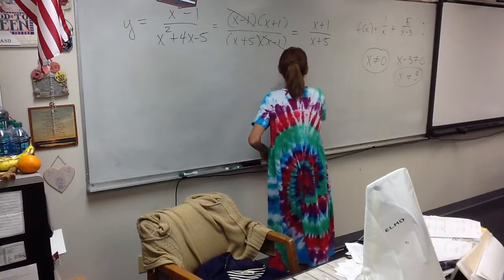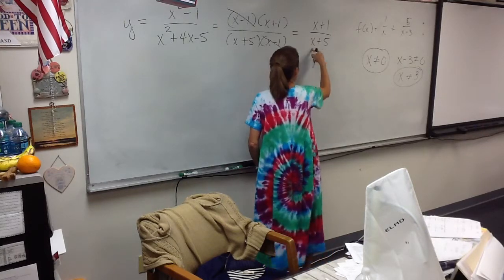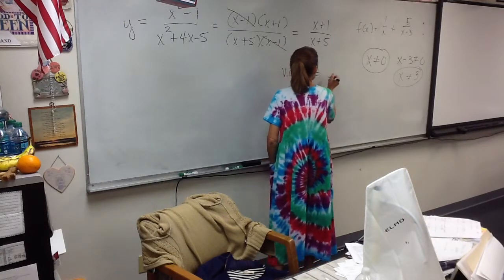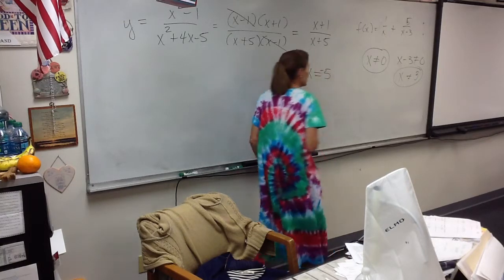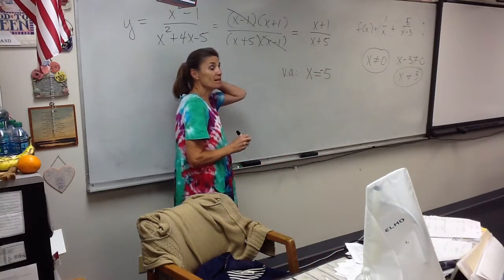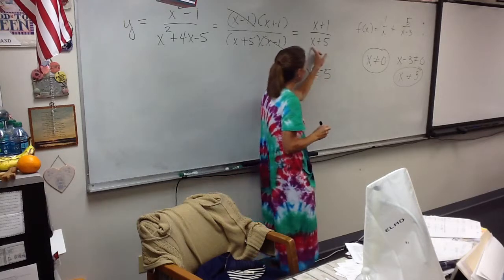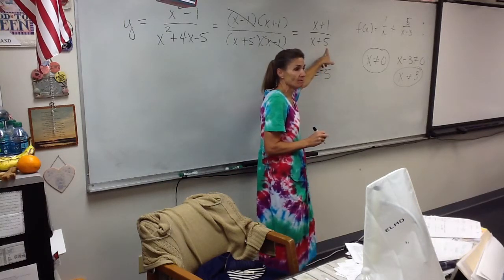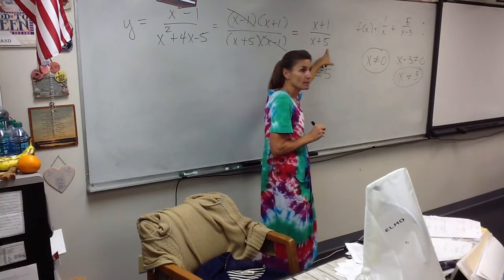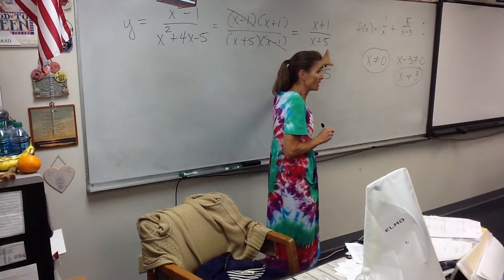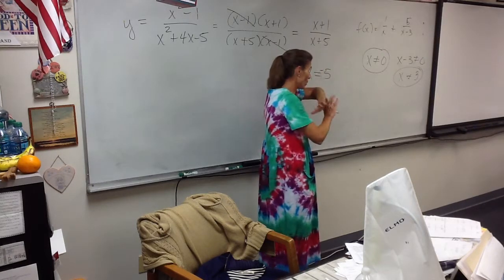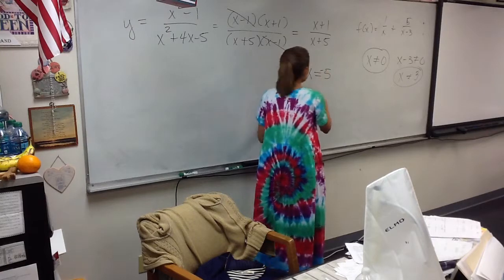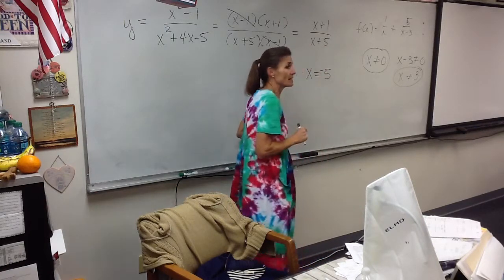I can look at this problem and tell you I'm going to have a vertical asymptote at x equals -5. Because what happens if I plug in -5? I get 0. And am I allowed to have a 0 in the bottom? No. Okay, so vertical asymptote, whatever makes the denominator 0.